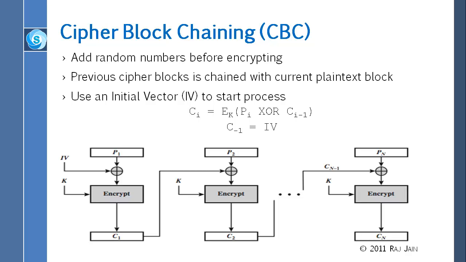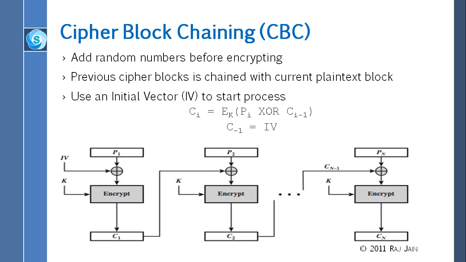So the first thing we do is block chaining. Basically, we take the first ciphertext, exclusive-OR it with the plain text, and then encrypt. So even if these two plain texts were identical, the ciphertext would be different. This is called Cipher Block Chaining, because we are taking the cipher block and chaining it like that.